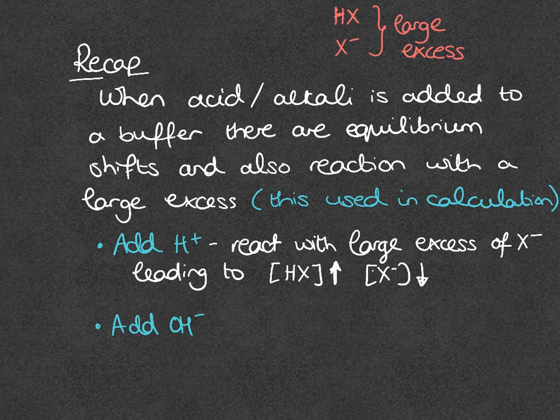So these are the two bits that you would adjust in your calculation. So you'd have a new HX and you'd have a new X minus when you were doing this calculation. I'll show you how to do it in a minute.